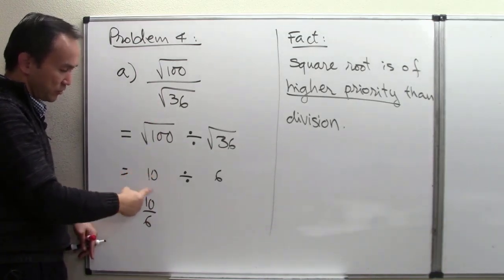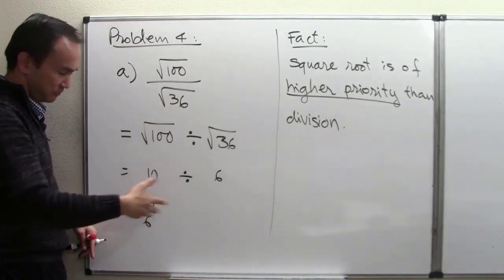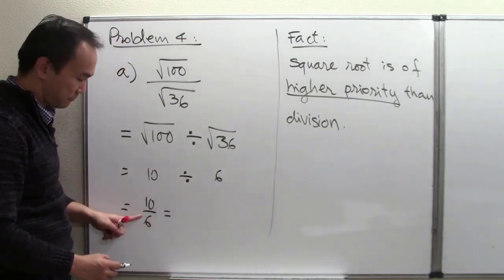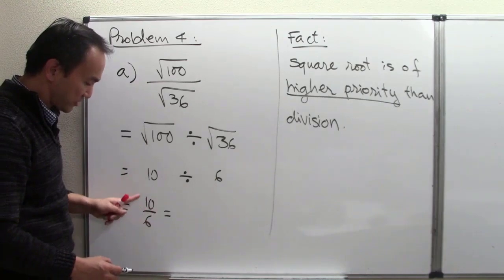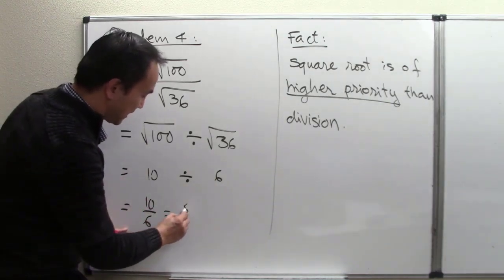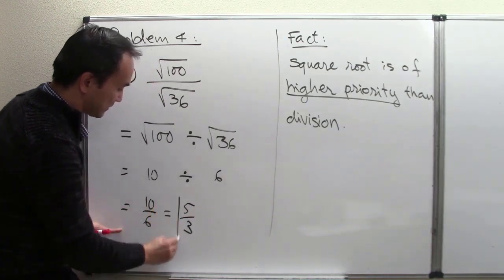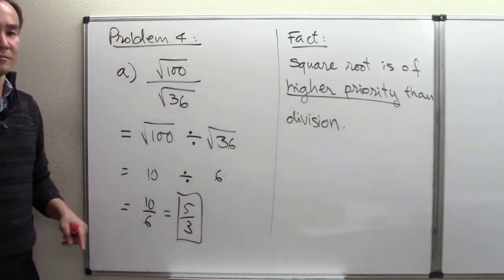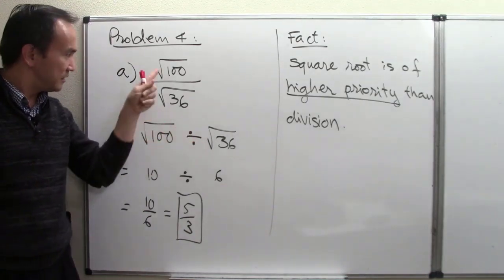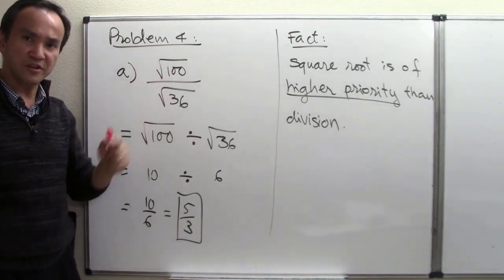Now we produce a new fraction, like a new division problem, and now the division problem truly is a fraction. Now we can simply reduce that fraction, making it 5 thirds. All right, so that's how we perform a computation when square roots and divisions are involved.